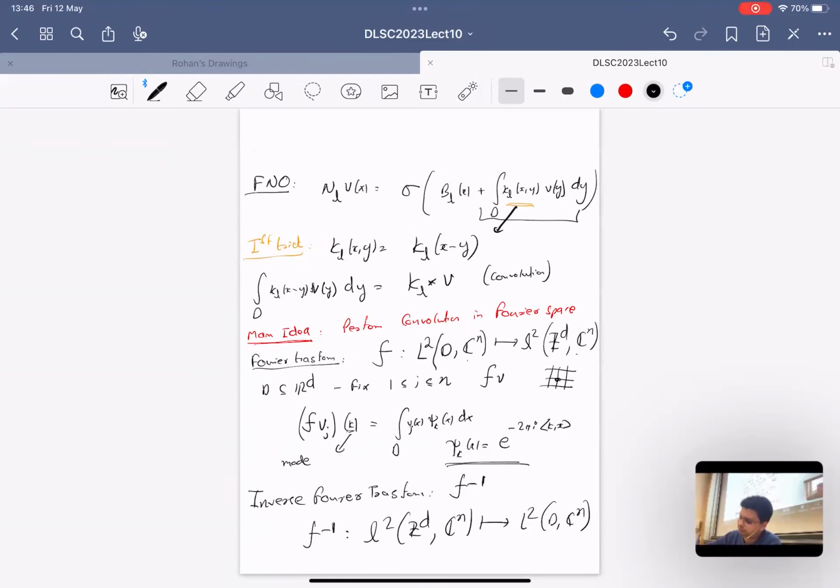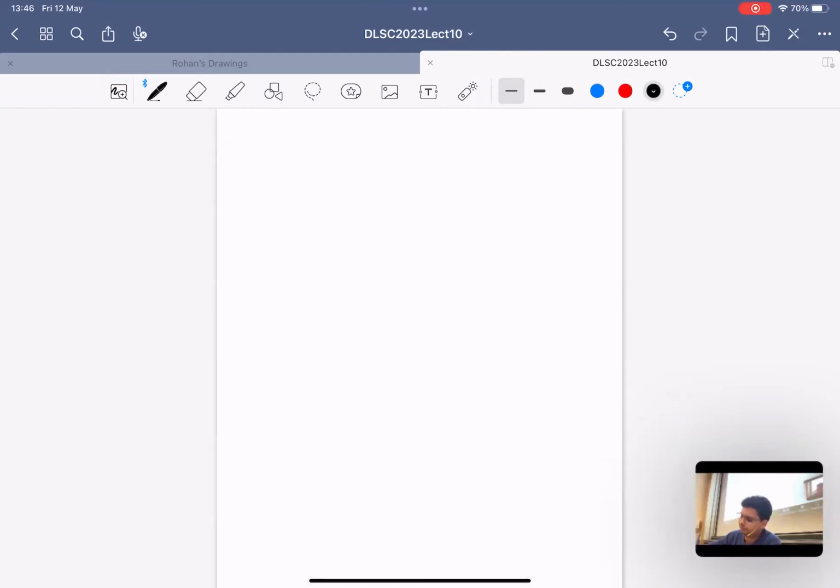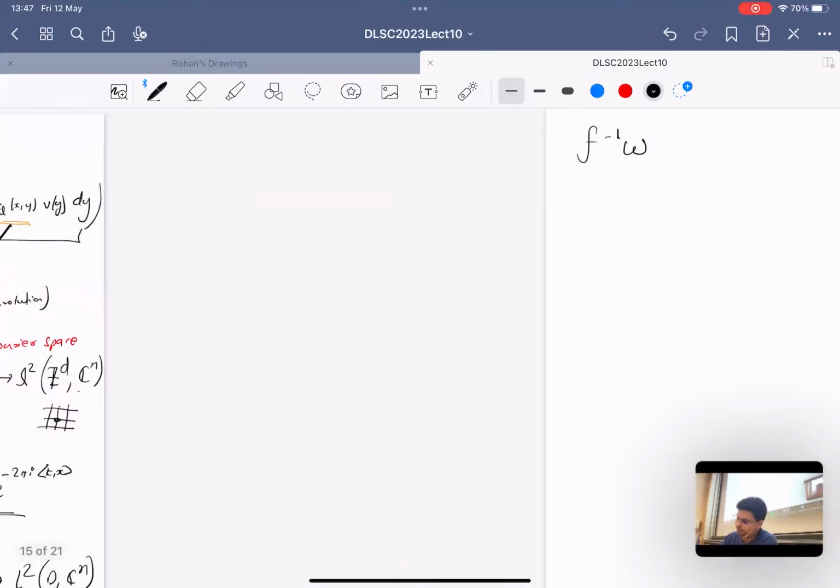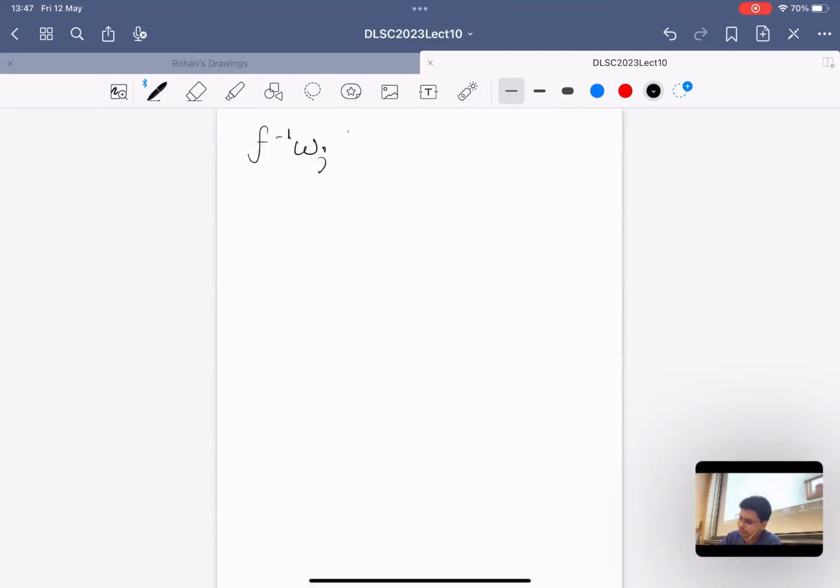Why am I using the Fourier transform? We'll see in a second. Okay, so the inverse Fourier transform of a function W, the coefficients, the jth coefficient at the point x is nothing but the summation over k belonging to the lattice of W_k psi_k of x.